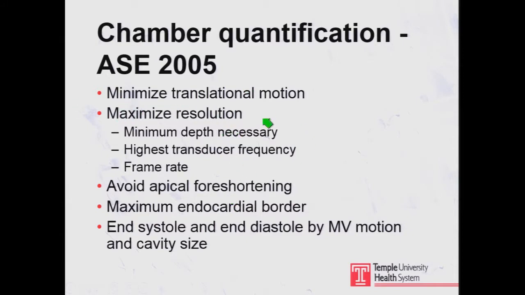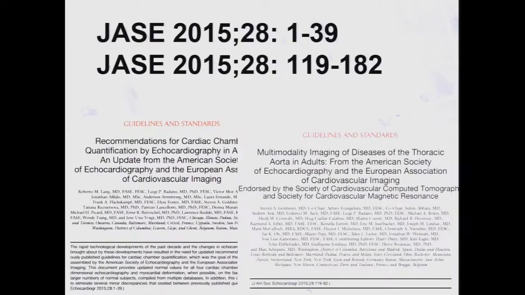But these haven't changed. For chamber quantification, you want to minimize translational motion, maximize resolution, use the minimum depth necessary with the highest transducer frequency and the highest frame rate, avoid apical foreshortening, maximize endocardial border definition, and pick the clip of end systole and end diastole by mitral valve motion and cavity size.